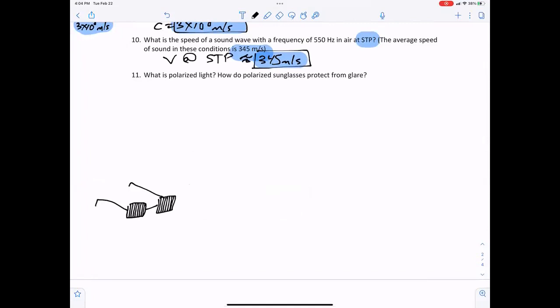And let's say we have water, okay, or a shiny car, or a piece of metal, or something like that. What happens is the rays from the sun, well, they're going to be transverse in two directions. They're going to be transverse horizontally and vertically.